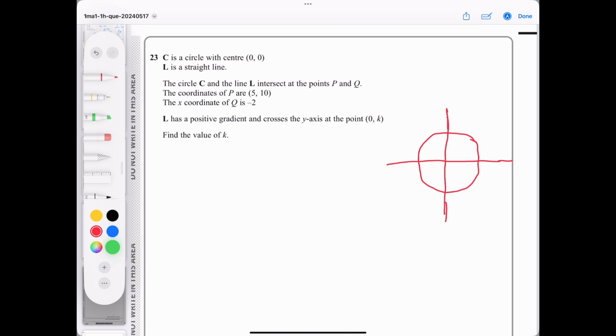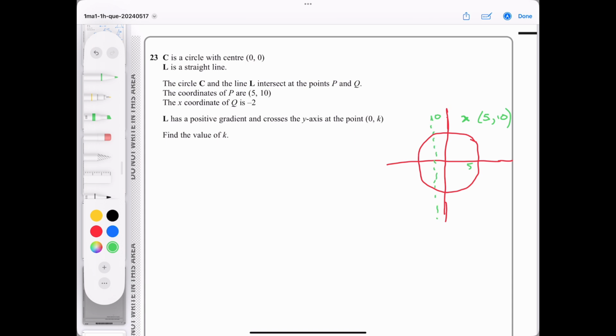Okay, so let's have a little think. The coordinates of P are 5, 10, so let's say that's 5, that's 10. Then the x coordinate of Q is minus 2, so that would be there.